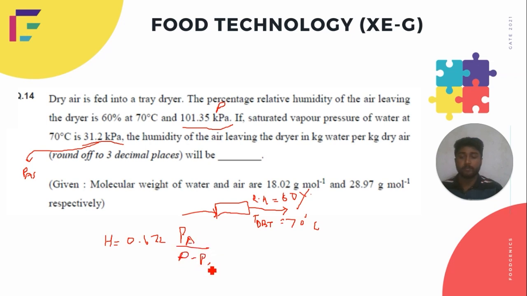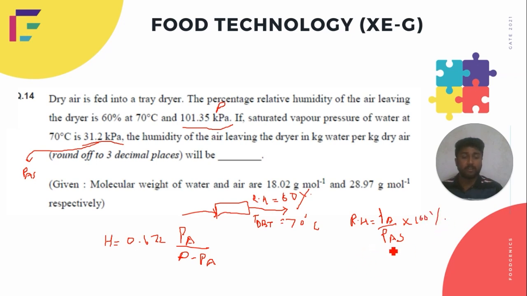P we know, right, 101.35, but we don't know the value of Pa, which is the partial pressure. But we have the relative humidity. We know another relation, that is RH equal to Pa by PAS into 100%.